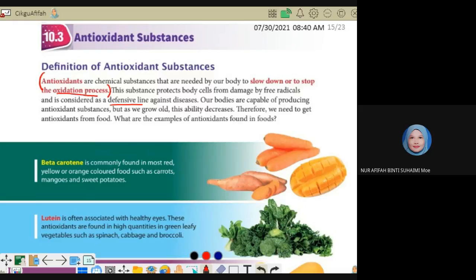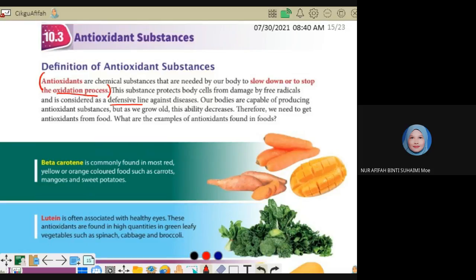Okay, so makin tua, kebolehan untuk hasilkan antioksidan berkurang. So we need extra or external sources of antioxidant. So kita kena ambil sumber luaran to increase antioxidant in our body.